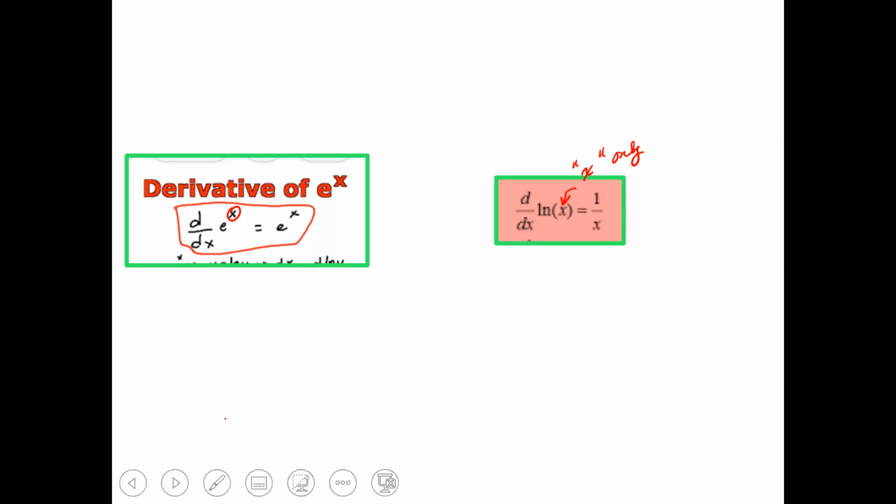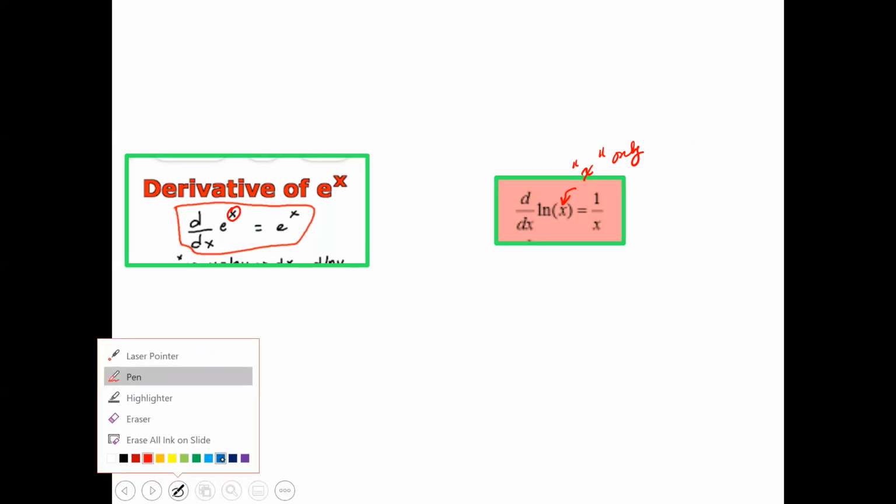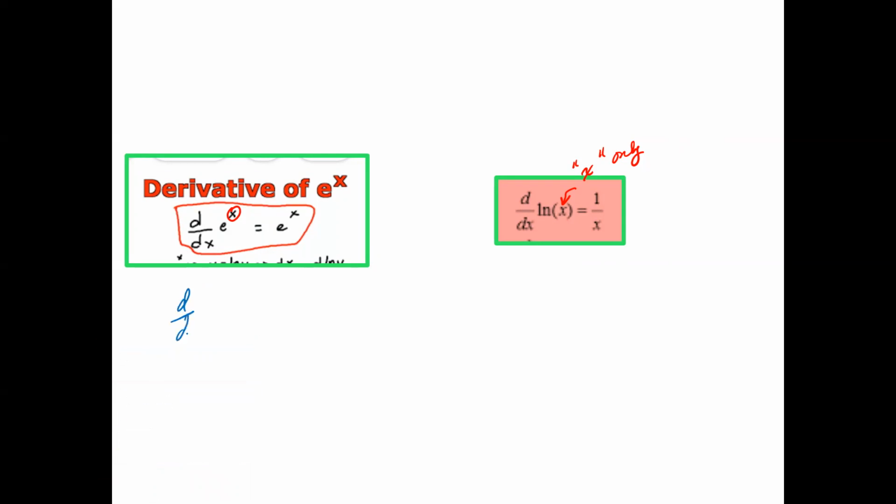Very, very simple. However, it does get a little bit more complicated if you have the derivative of e to the u. And you're like, what is u? u is any term other than x. So it could be anything else like x squared or 3x cubed. That's not x. The derivative of this is e to the u times u prime.